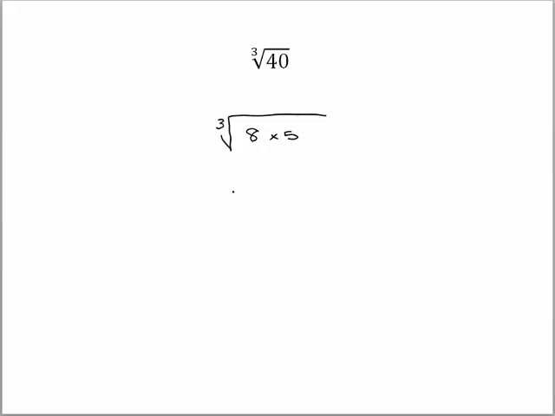Now, why would we want to do that? Let's look at it a little further broken down. The 3rd root, and we have 2 times 2 times 2. That equals 8, doesn't it? Times 5.